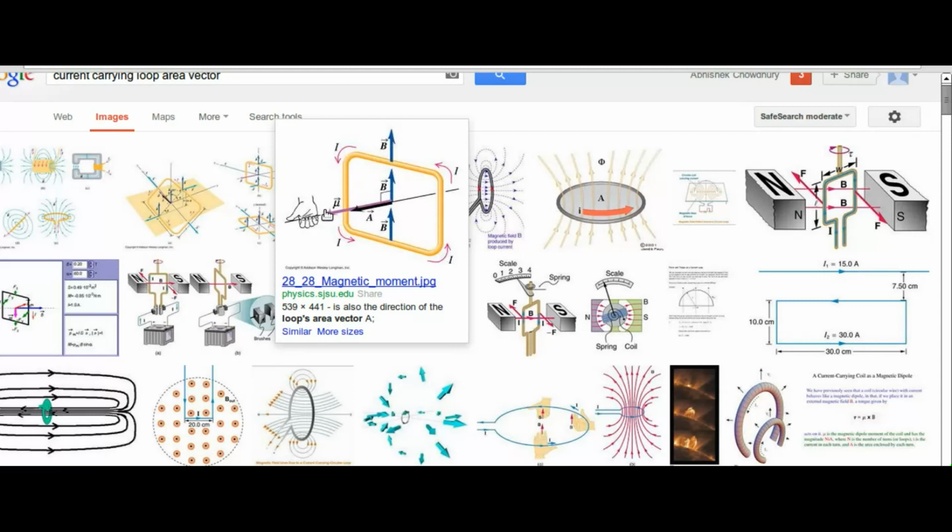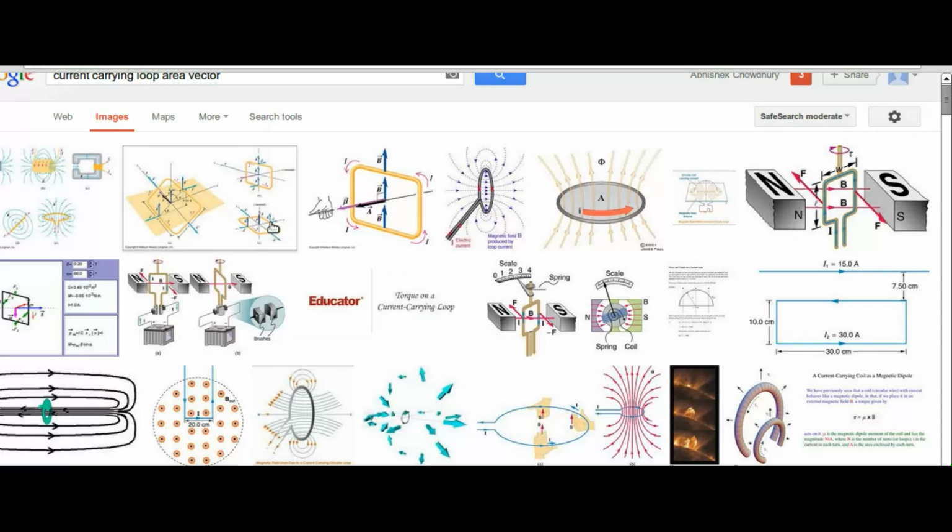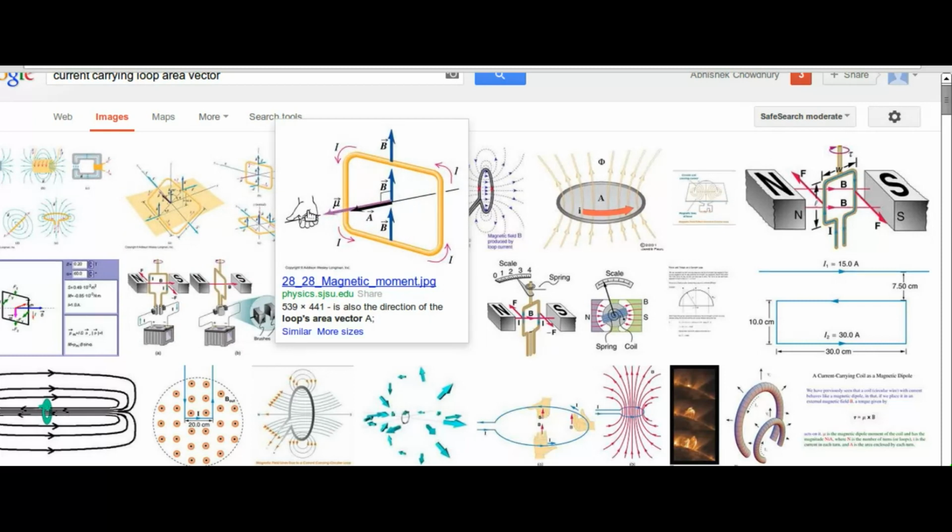So you have to curl your fingers in the same direction as the direction of the current. He is also curling his fingers in the anti-clockwise direction. To curl the fingers anti-clockwise, the position of the hand should be as shown in the figure, and the thumb should point outwards.